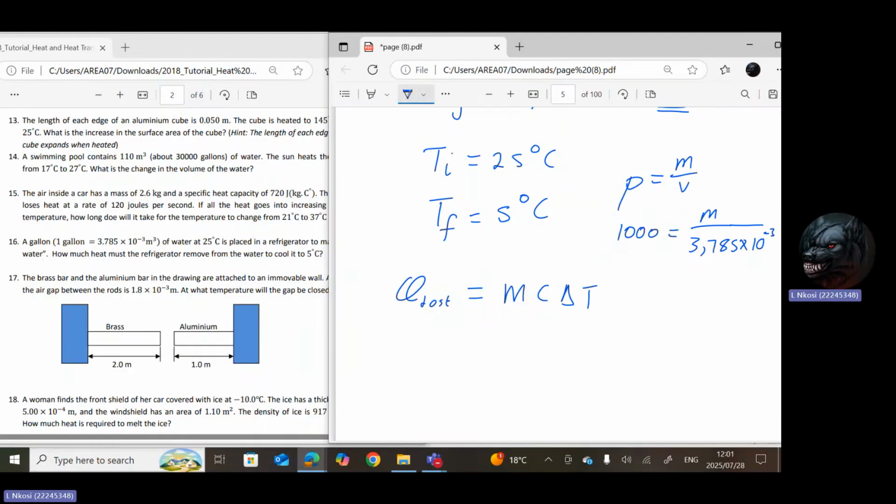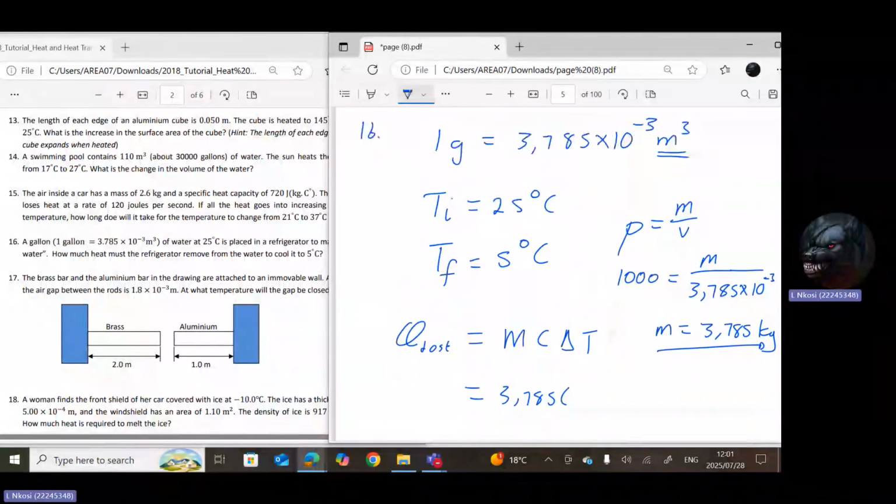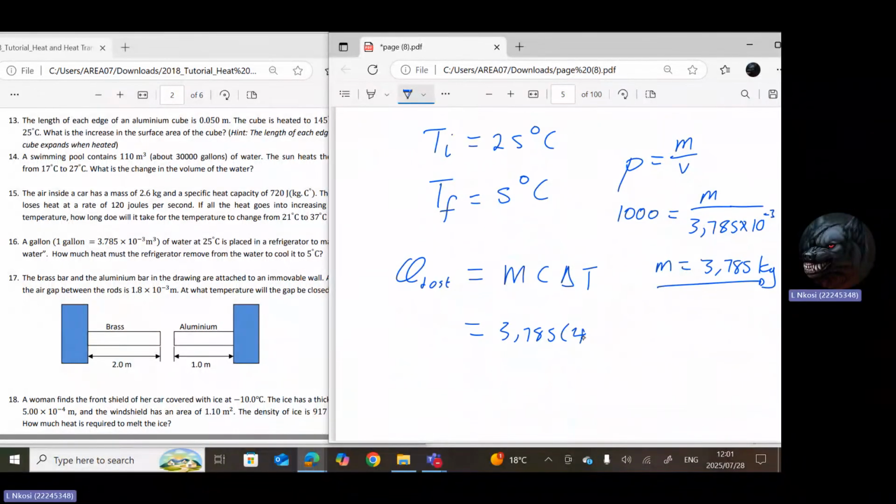So the mass is 3.785 kilograms. So it's 3.785 times the specific heat capacity of water, 4186, and the change in temperature here is 5 minus 25.